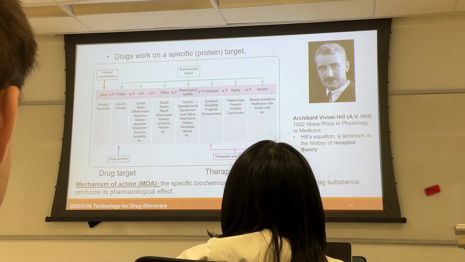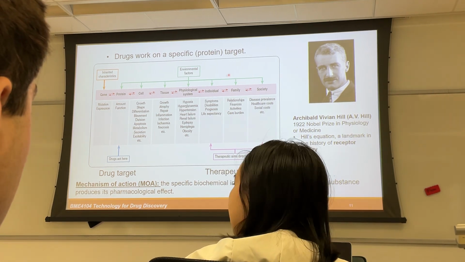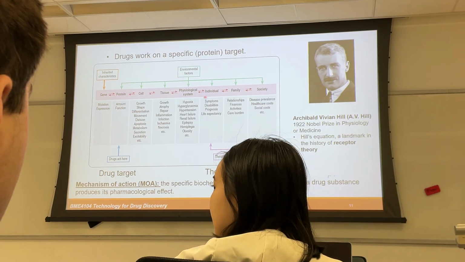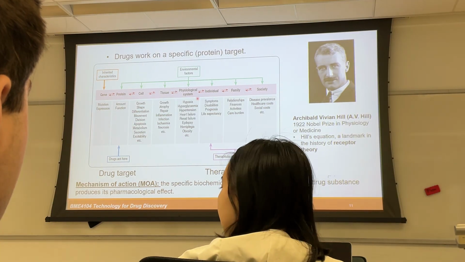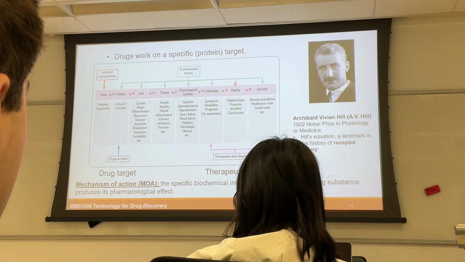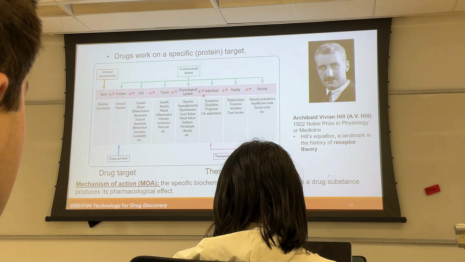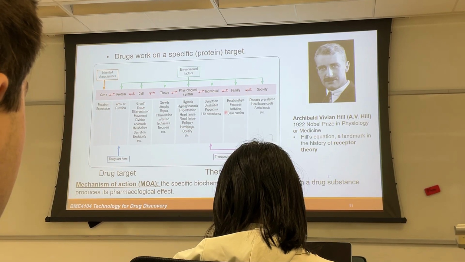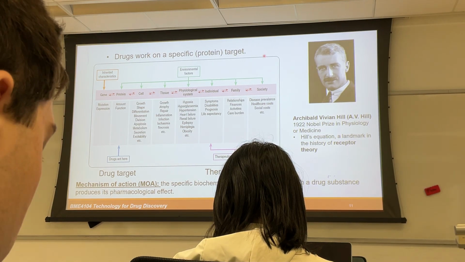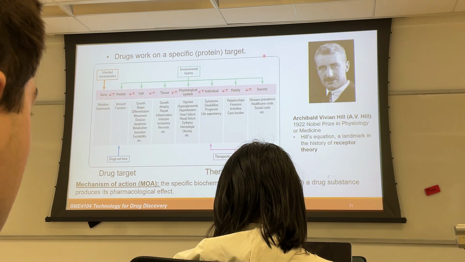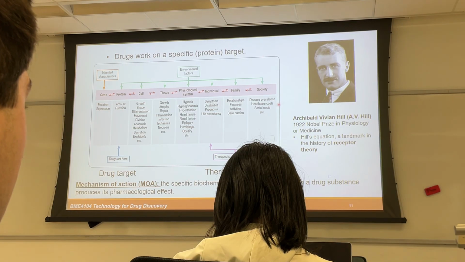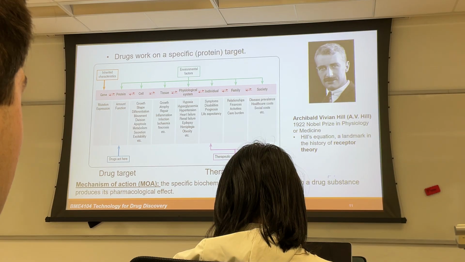If you look at this chart, individual human beings are here, and we form families and societies. When you get sick, you feel it on the individual level. And if many people get sick, it forms a pandemic, like COVID-19, so it's on the society level. When people are developing drugs, they try to cure on this level.